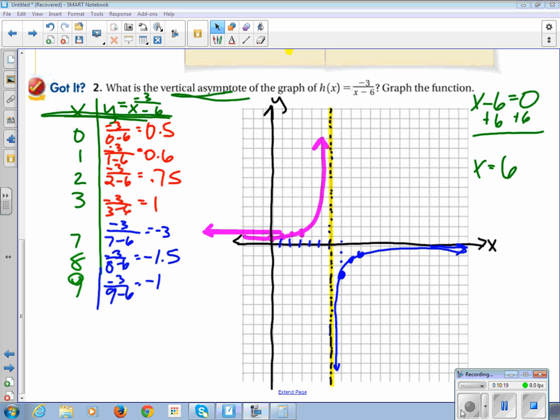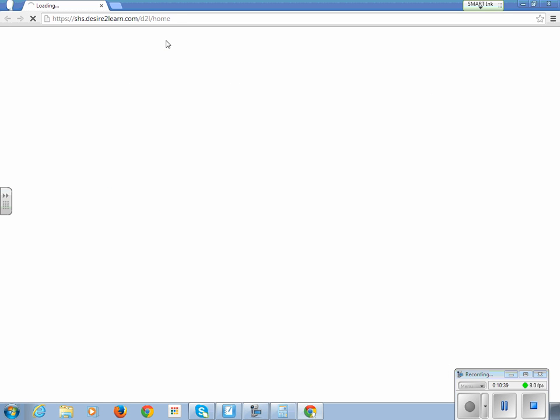You can use Desmos to check your work. So our equation is -3 over x minus 6. So we can go to what I like to call the internet. I made it up. I'm just kidding, I didn't make up the internet.